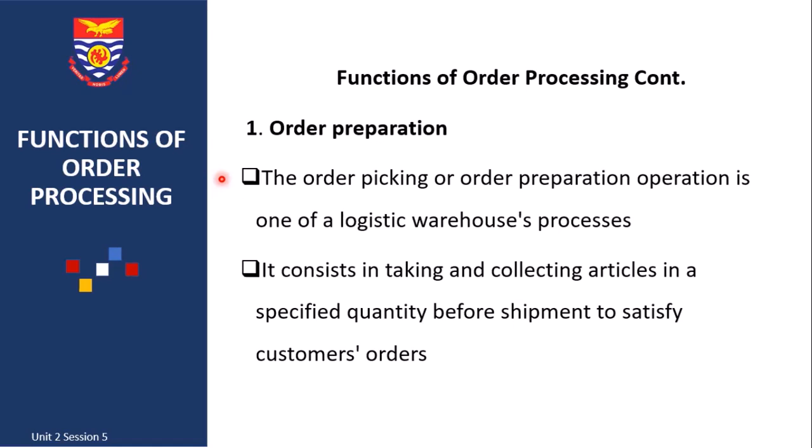So you are supposed to prepare and make the order available to be delivered to this customer. It consists of taking and collecting articles in a specified quantity before shipment so as to satisfy customers' orders. So when we receive the orders from the customer, the activity where you pick these orders and make them available in a given acceptable form is what we term as order preparation.